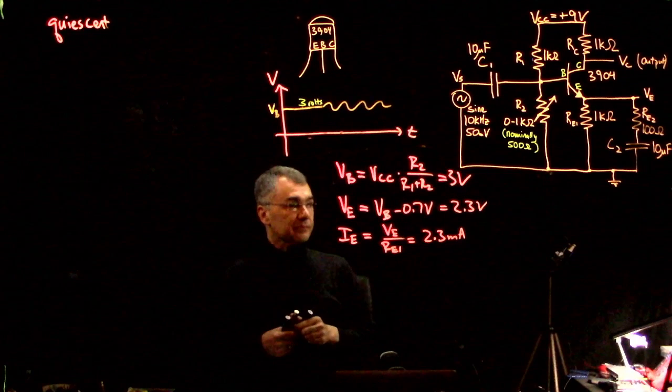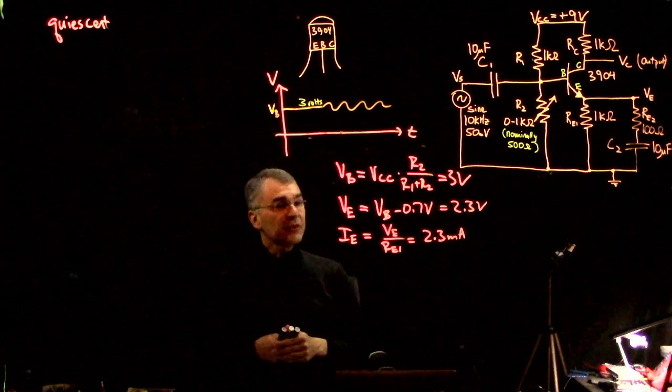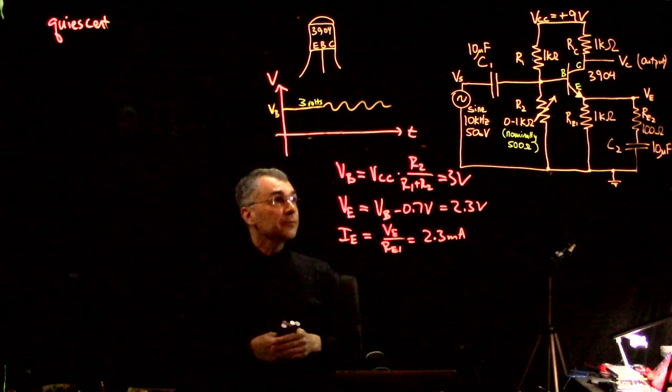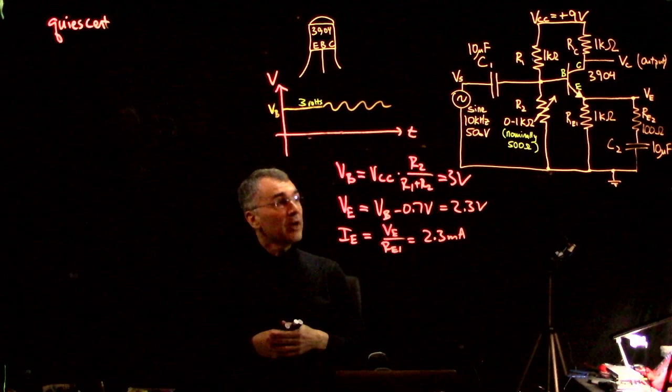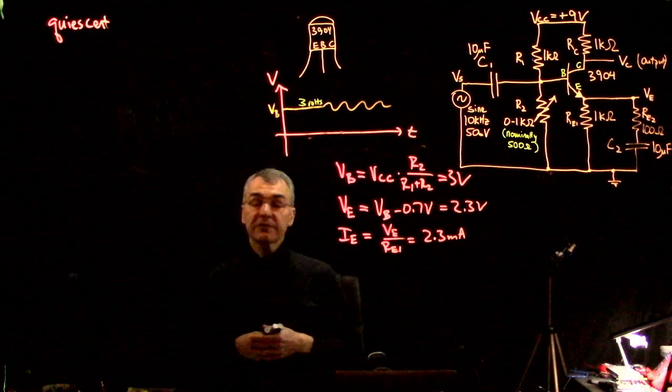Usually when you're designing these circuits, you typically want to design them so that the quiescent emitter current is in the 1 to 2 milliamp range. It's a nominal value. You also want to look closely at the quiescent collector voltage.